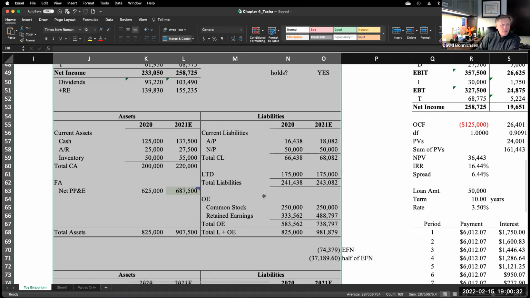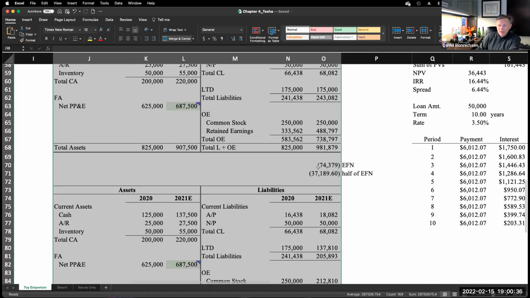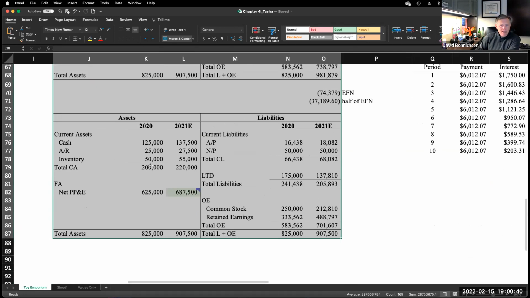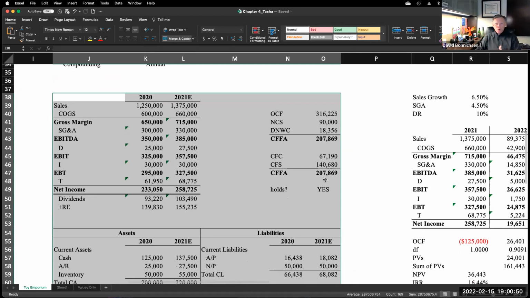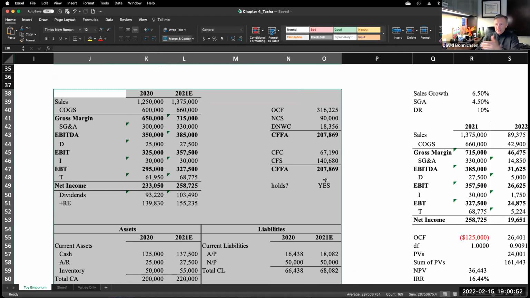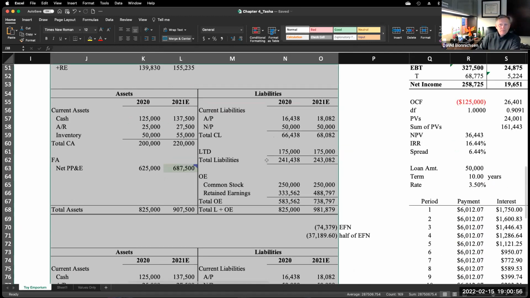You're going to give me an out of balance balance sheet with the EFN and half the EFN. And then you're going to give me an in balance balance sheet, plugging the variables that you were asked to plug. And your deliverable is to PDF and upload exactly this.